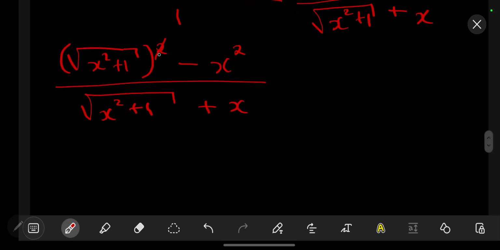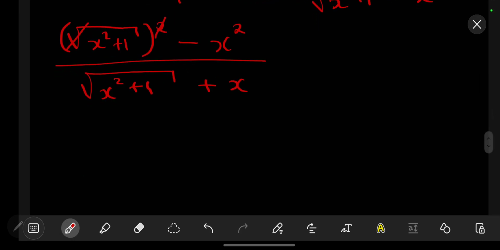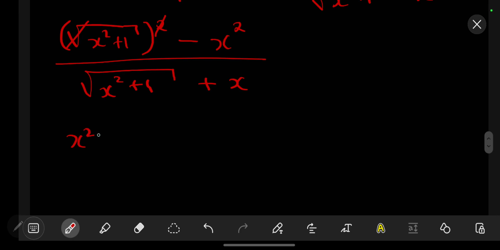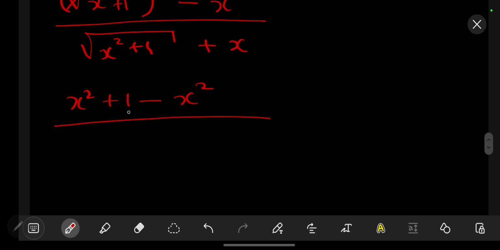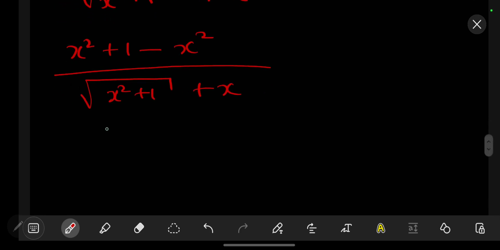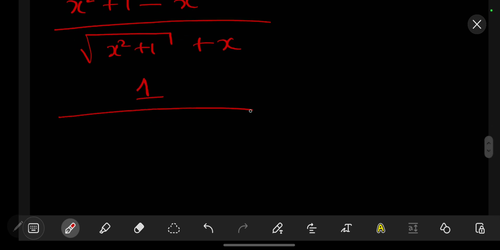So we are going to cancel this one and this one to remain with x squared plus 1, then minus x squared, over the square root of x squared plus 1 plus x like that. So x squared minus x squared, we are going to have 1 over the square root of x squared plus 1 plus x like that.